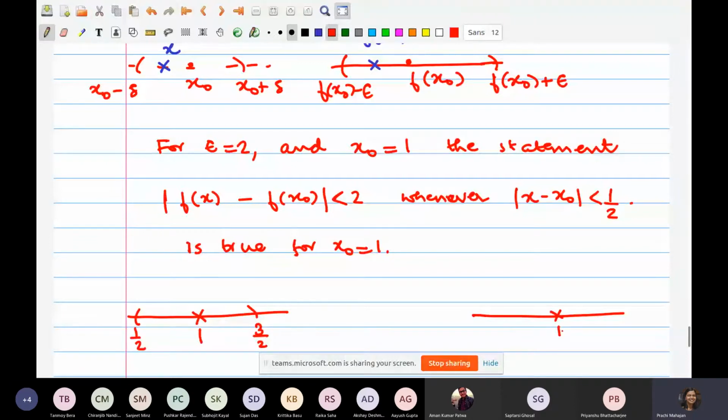Taking epsilon equal to 2 means, let's look at 1 plus 2 is 3 and 1 minus 2 is minus 1. So if I pick any point x here, then certainly x square lands in this interval. That's correct. Is that correct? Everybody with me?